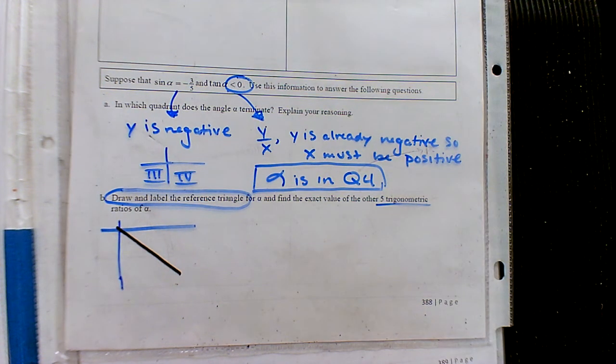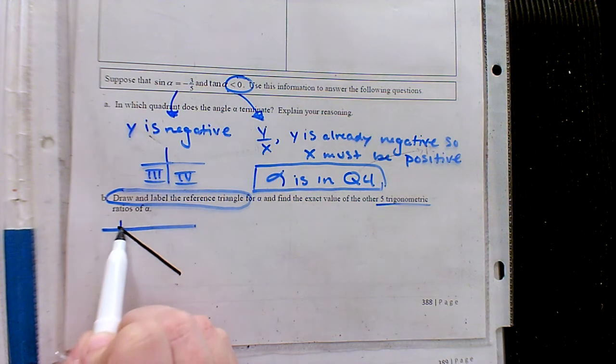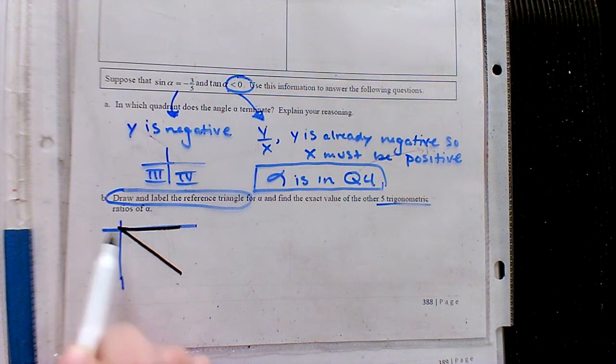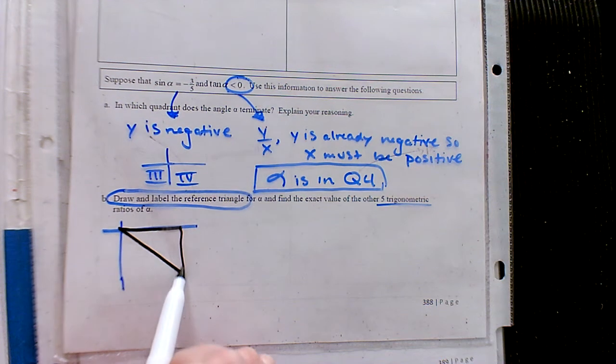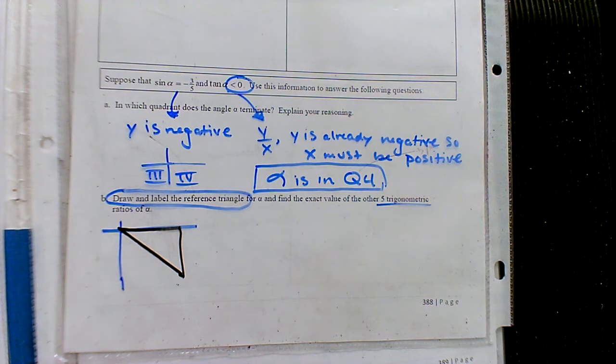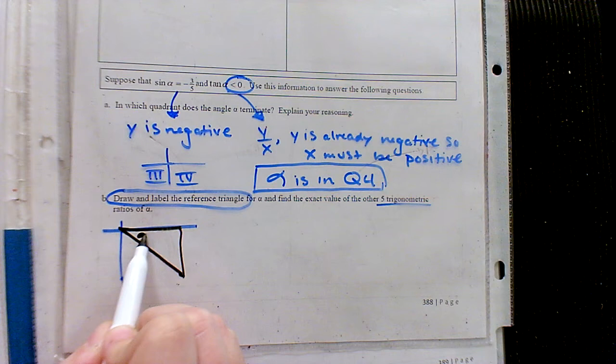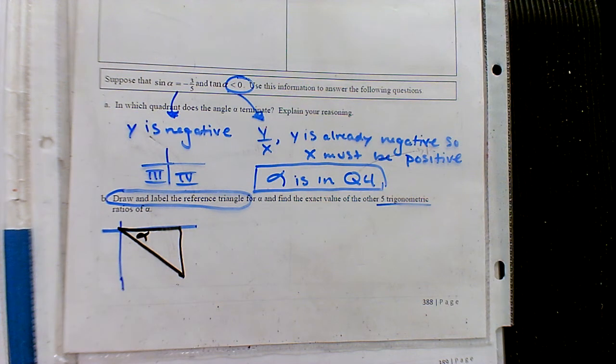We're going to use that angle to create a reference triangle, a triangle that touches the x-axis. So we'll draw a leg on the x-axis and another leg that connects our angle. If you wanted to draw in angle alpha, that would be your reference angle.